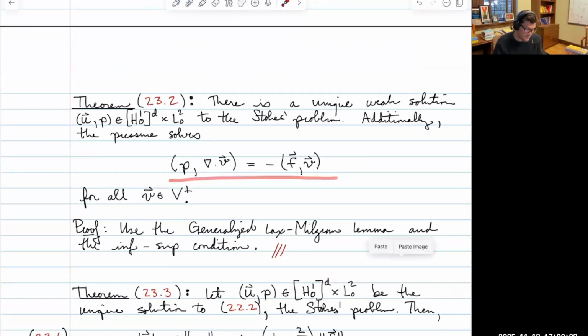Okay, so if v is taken in V perp, then the A term dies, and we're only left with the second term. So the solution here follows immediately by the reformulated pressure problem, and using the assumption that v is in V perp.